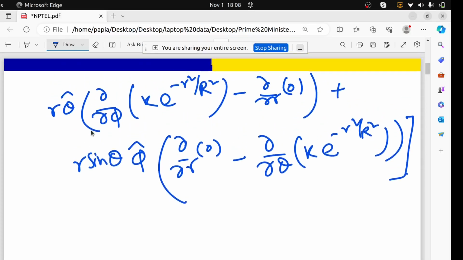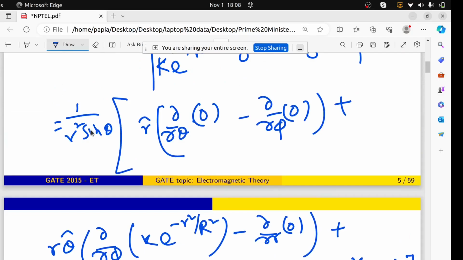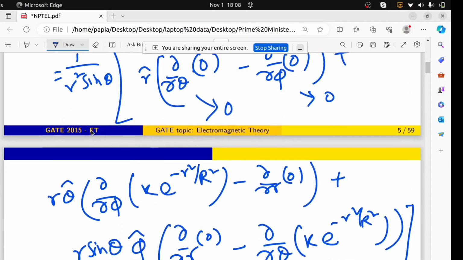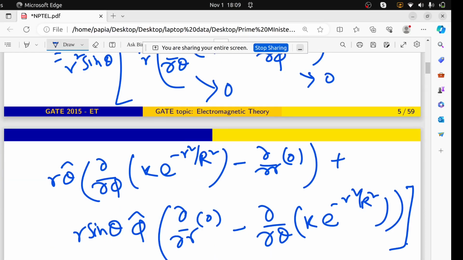So this will be curl of f1. Now you can see here, that one is giving 0, that one is also giving 0. This one is giving what? This is also 0 because you can see here, there is no dependency of phi here. So this is 0, this is 0, this is also 0. Now you can come here.